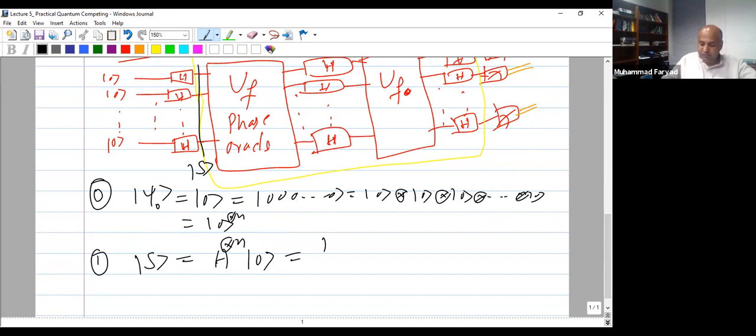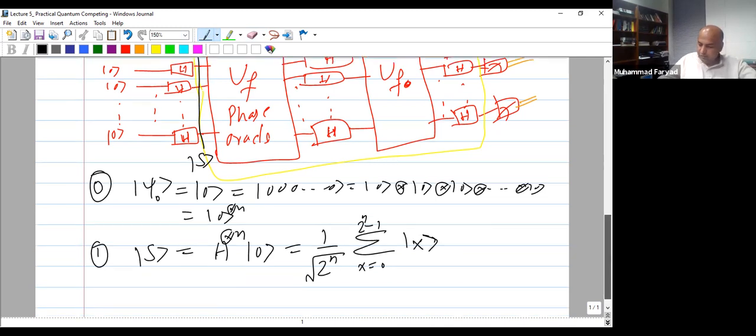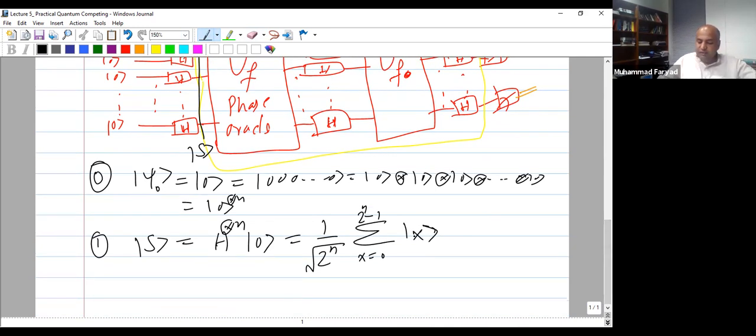And we know that it should be 1 over root 2 power n, sum over x equals 0 to 2 power n minus 1, and I'll explain this notation, this x. Okay, and just to recall, this really means this.